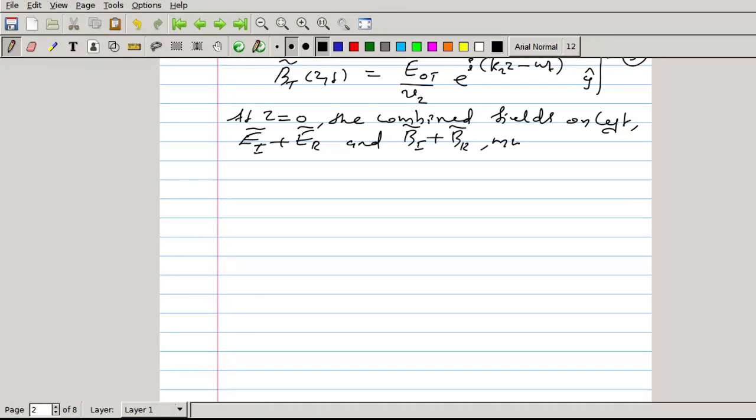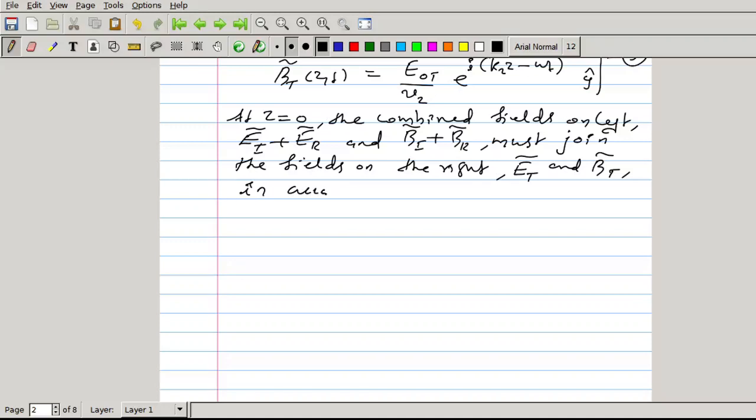That must join with the fields on the right. What are the fields on the right? Transmitted electric field vector E_T and transmitted magnetic field vector B_T in accordance with the following boundary conditions.